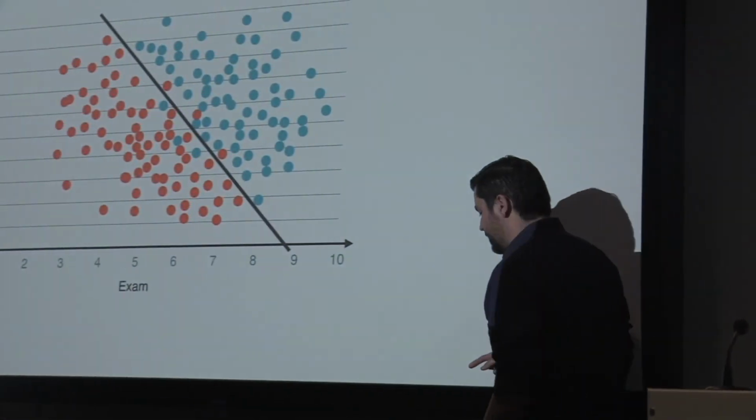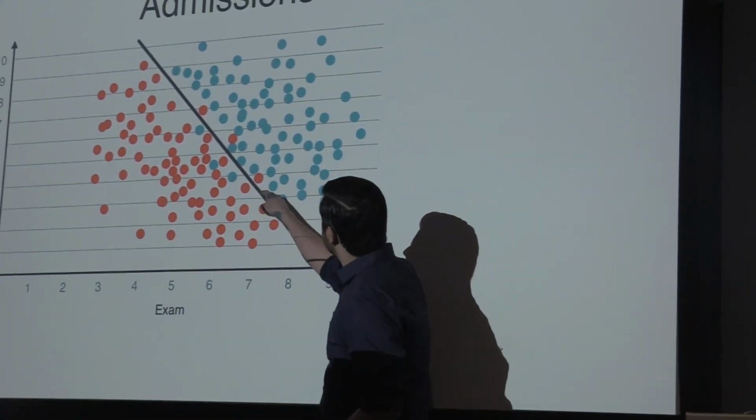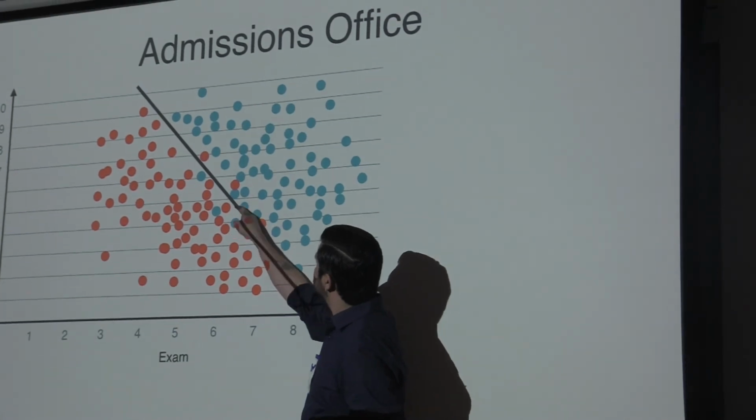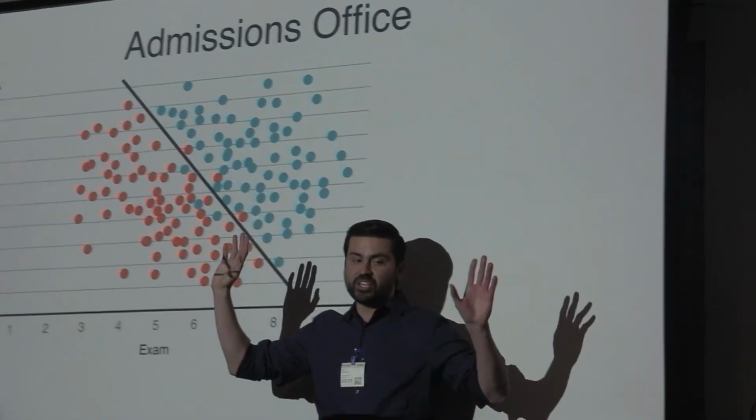I pick a line, and that line is pretty good, right? But what if I had drawn a weird curve with a very, very complicated neural network that goes around here and wraps around this little point, and then this one, and this one, and gets everything correct? That'd be a terrible model, right? So I really want the simplest one. I want a line. But neural networks have that problem: if you pick a very complex architecture, you may end up with something really weird that doesn't really model your data.